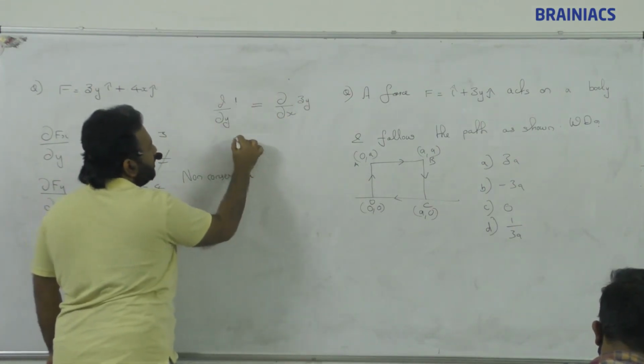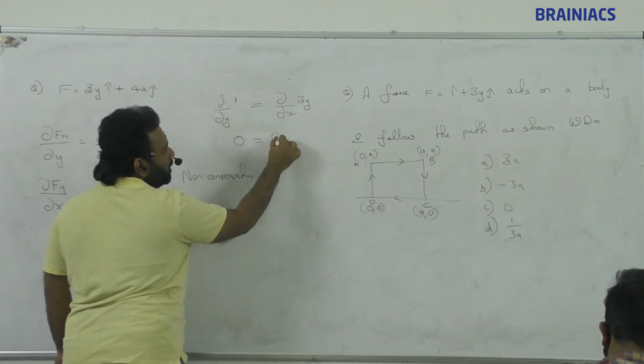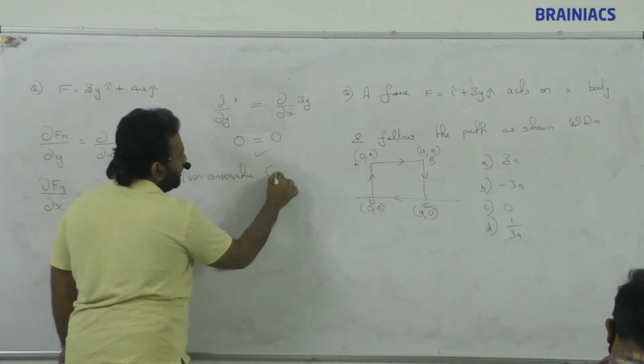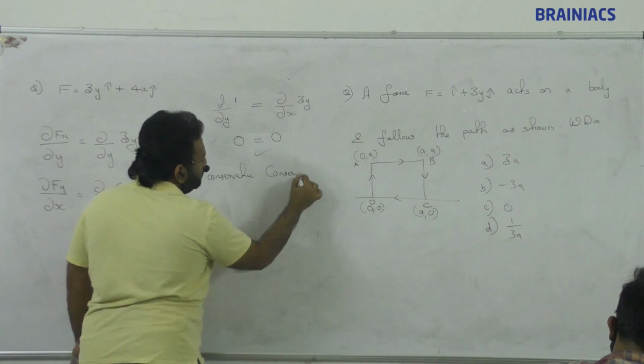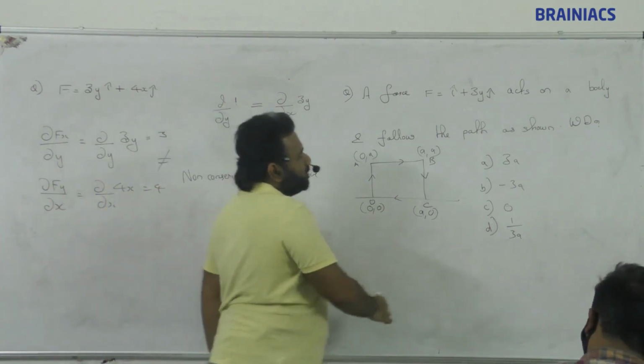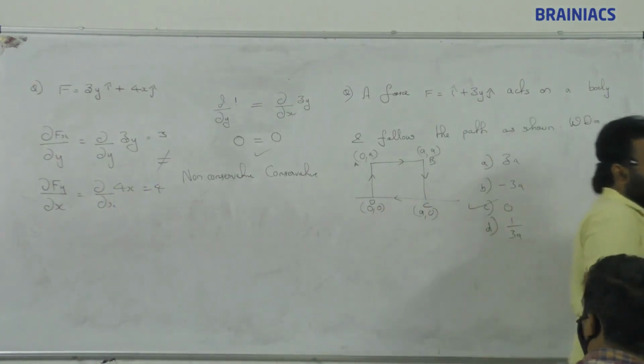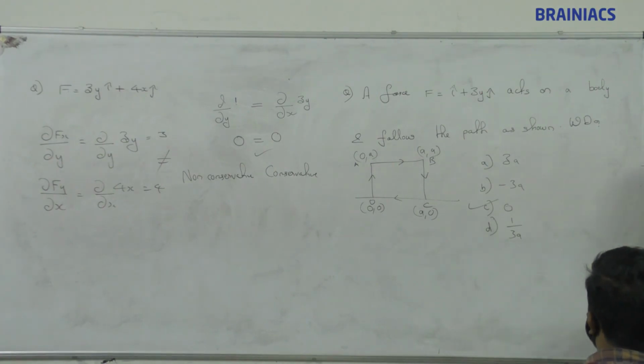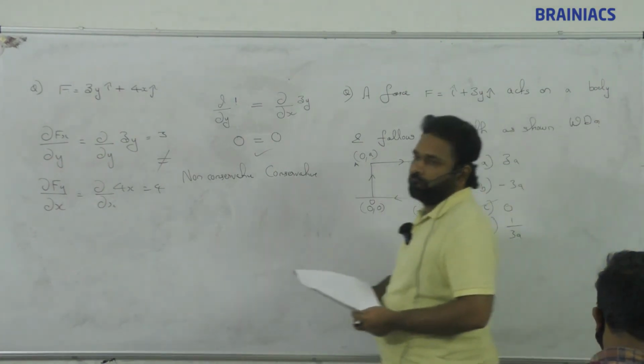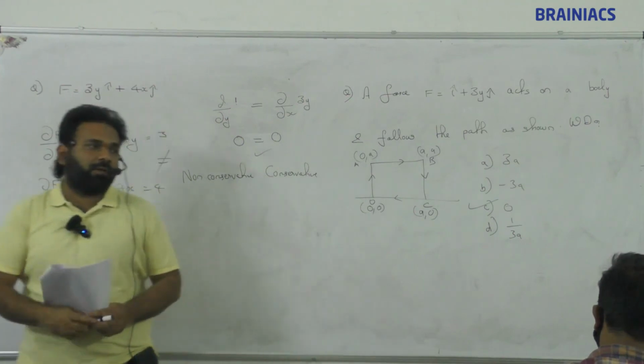This is equal to 0. So it is conservative, and so the answer is 0. Suppose if it is not conservative, we can find it out, right?